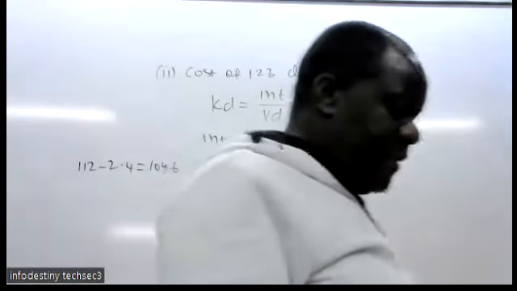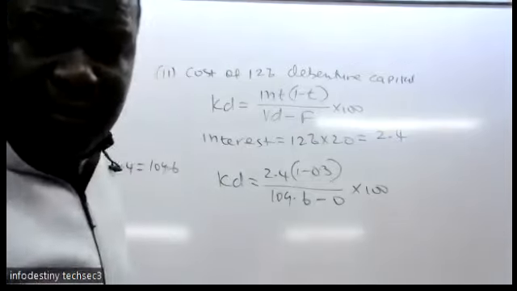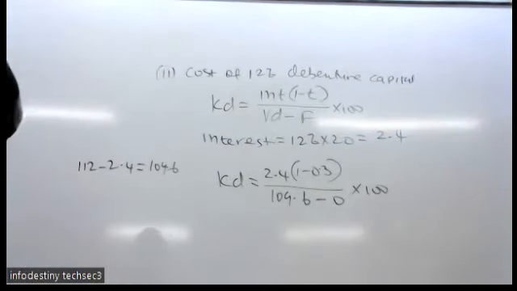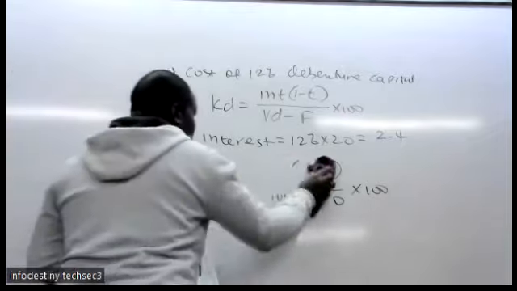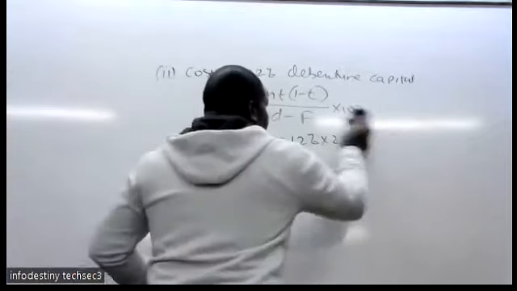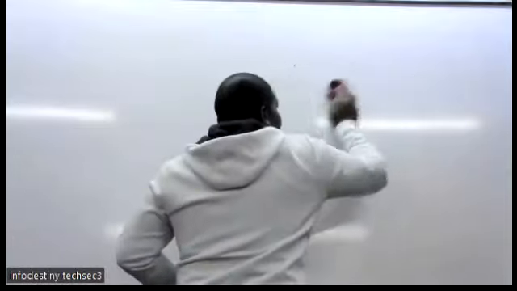We go to number 3, the cost of the 14% irredeemable preference share.